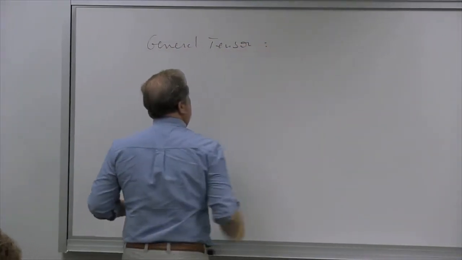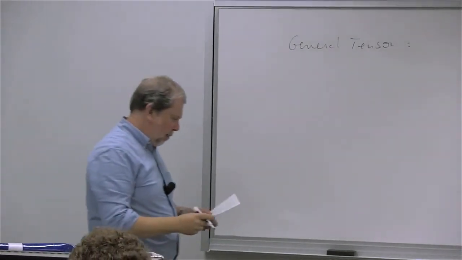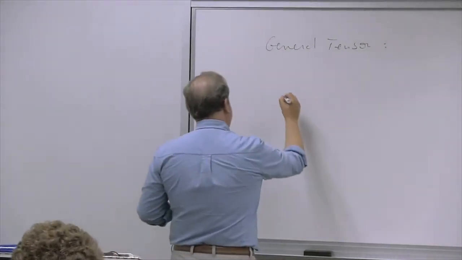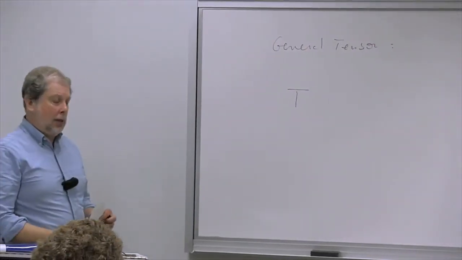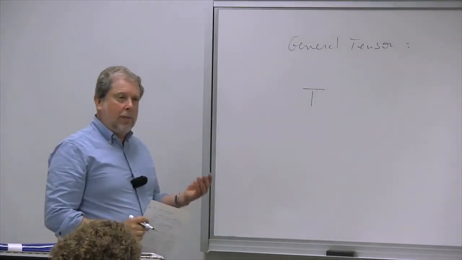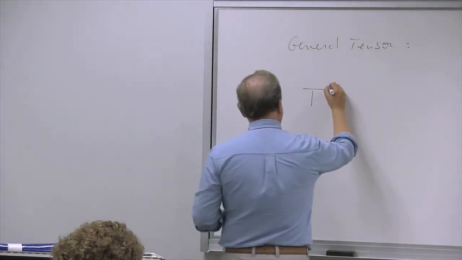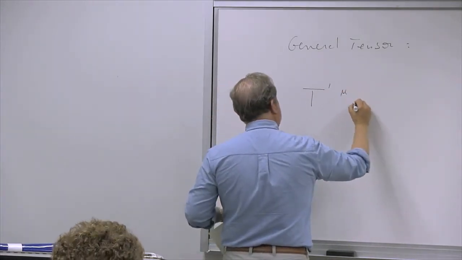A general tensor is going to be an object that instead of having one or two indices, might possibly have quite a few of them, right? And so let's take one, which we don't want to write down too many indices. So let's say it has 3. And, well, those 3 indices could be upstairs or downstairs. So we're going to take a combination where we have one index upstairs, right?